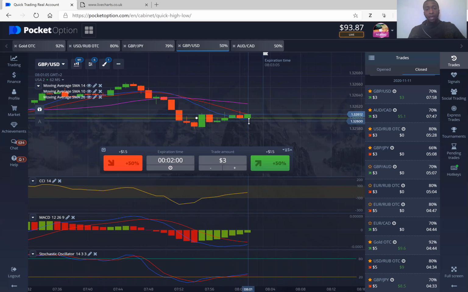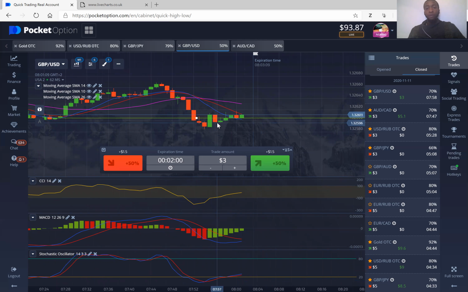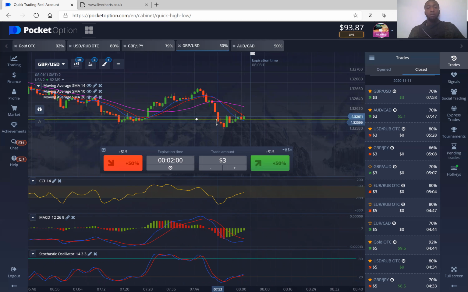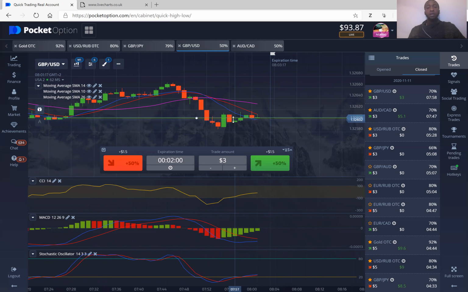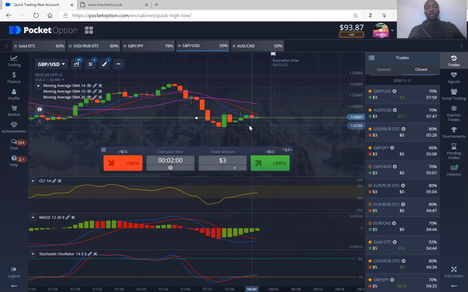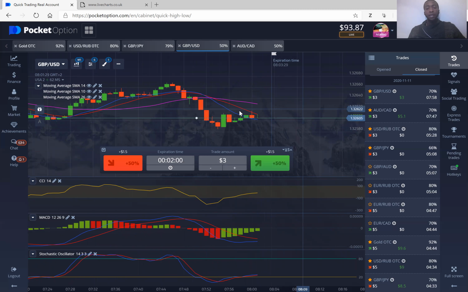As you can see, that horizontal line that I put is perfect support and resistance. It's perfect resistance turned support. It tested it, it broke it, retested it, and held as a new line of support. So if I wanted to trade now, I would try and get in below this point, because I know that this is support.